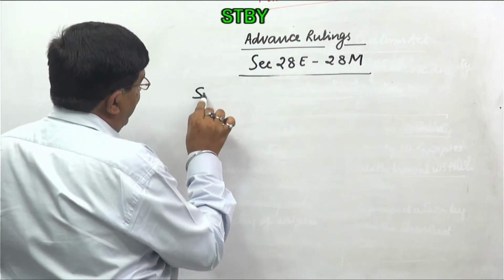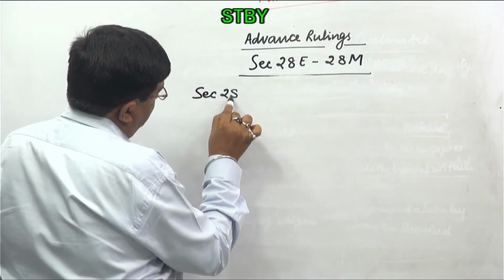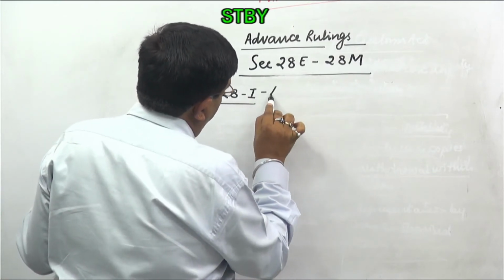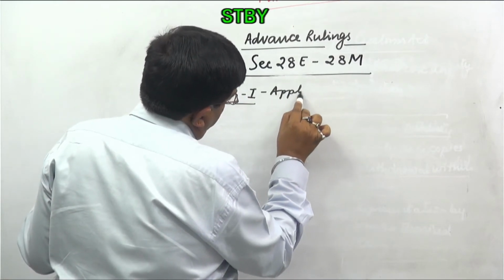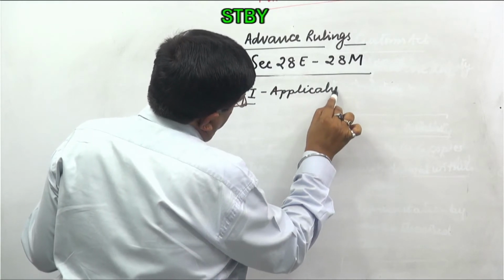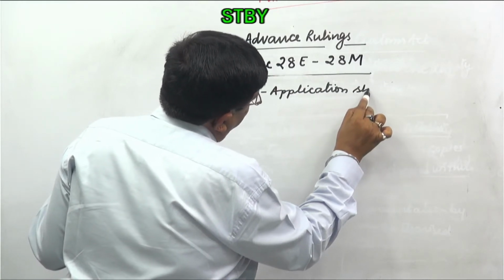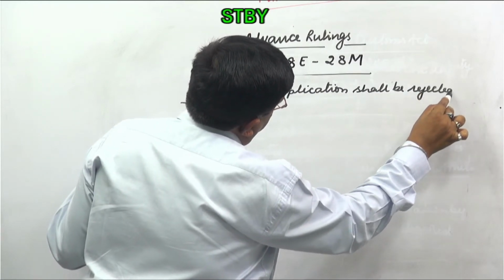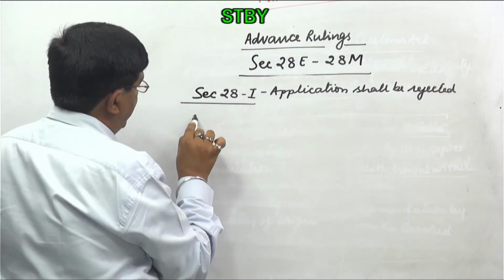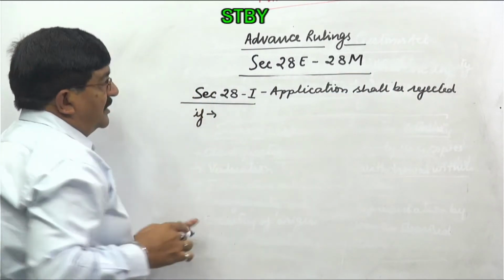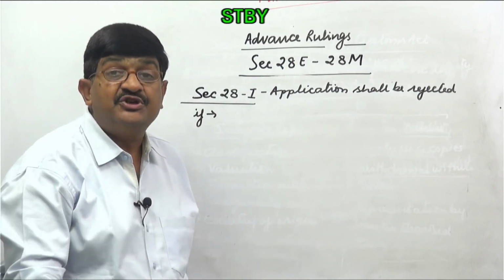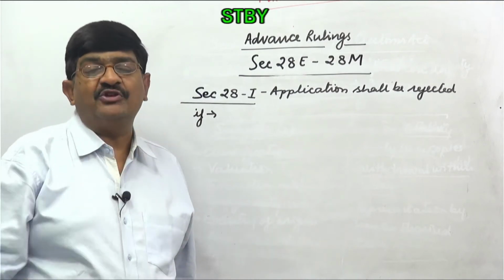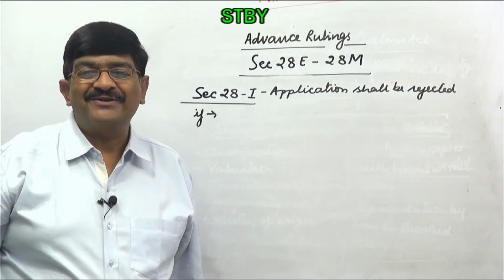Section 28I, application shall be rejected if, read the wordings carefully. What I have written, shall be rejected, means the authority for advance ruling also does not have any choice whether advance ruling can be given or not.